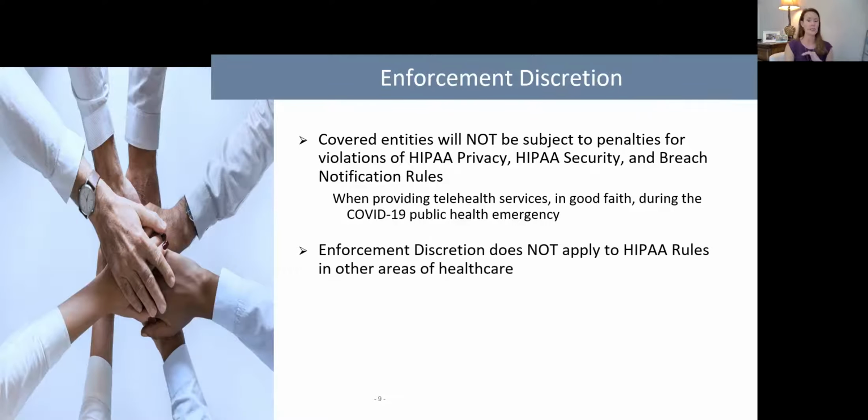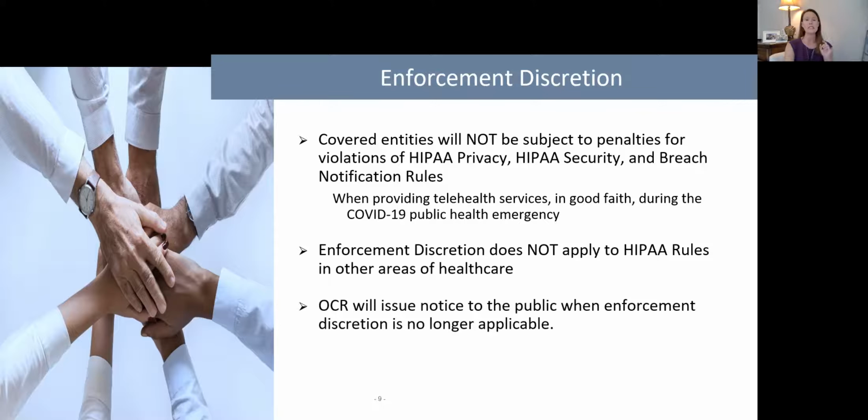Enforcement discretion does not apply to other rules that are associated with HIPAA unless it has to do with telehealth. And that's why we're going to talk about remote workers in just a second, because even though COVID-19 has caused us to move to a remote working environment, that does not mean enforcement discretion covers it. Enforcement discretion covers providing telehealth services, and that is an important aspect to remember.